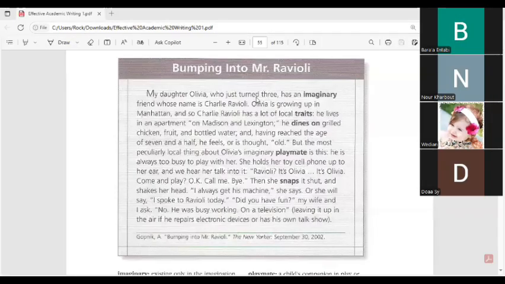Welcome. This is talking about somebody who is imaginary. It's called Mr. Ravioli. My daughter Olivia, who just turned 3, has an imaginary friend whose name is Charlie Ravioli. Olivia is growing up in Manhattan, and so Charlie Ravioli has a lot of local traits.